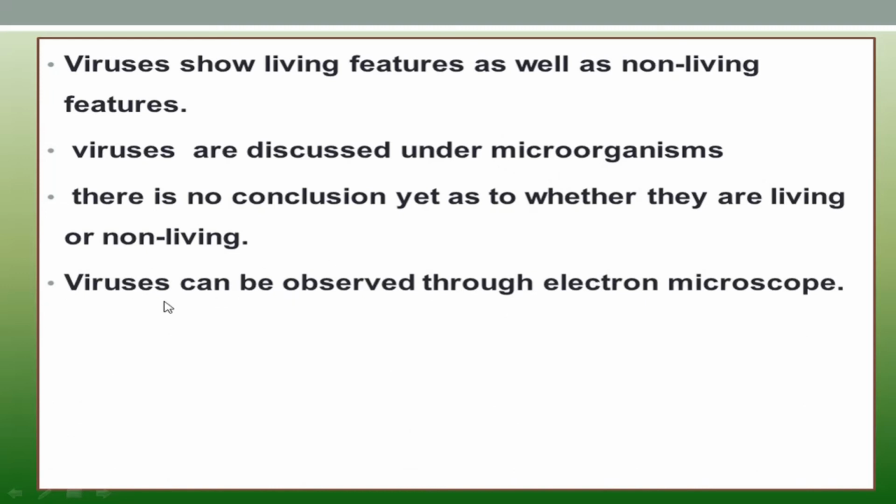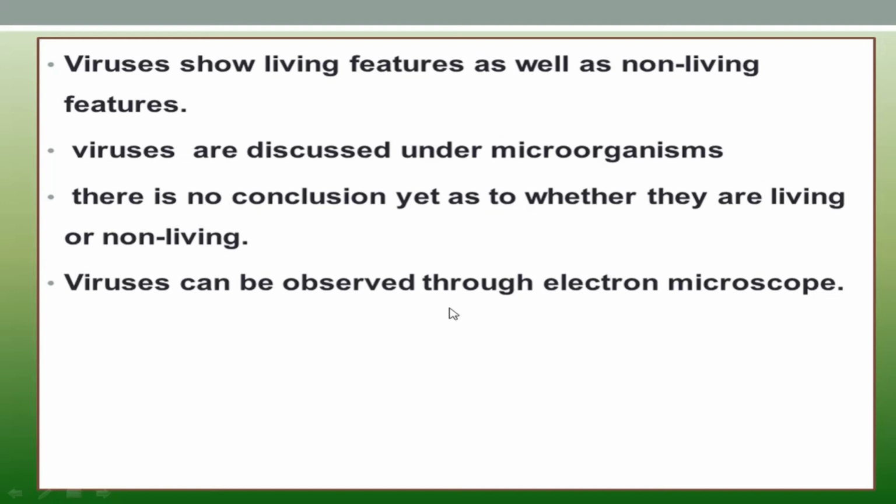Viruses can be observed through the electron microscope. Viruses cannot be observed through the light compound microscope. The virus is the smallest particle. It is not considered as living or non-living, but viruses can be observed clearly through the electron microscope.